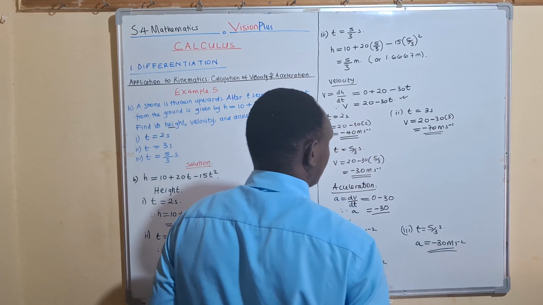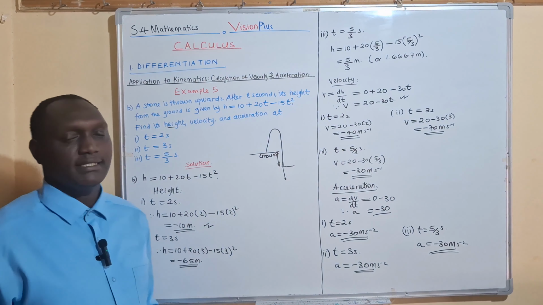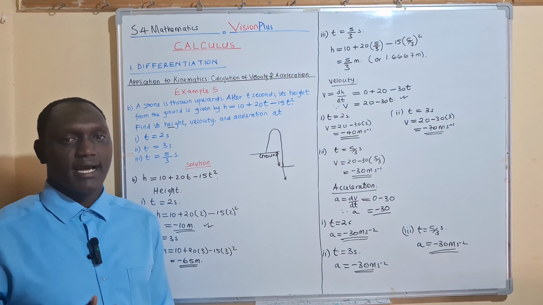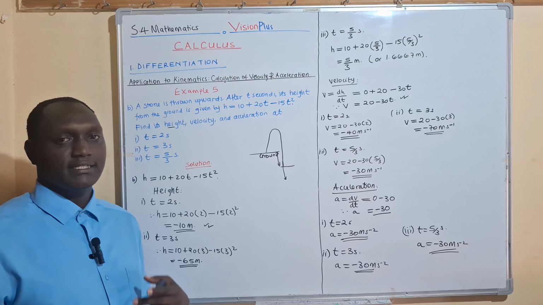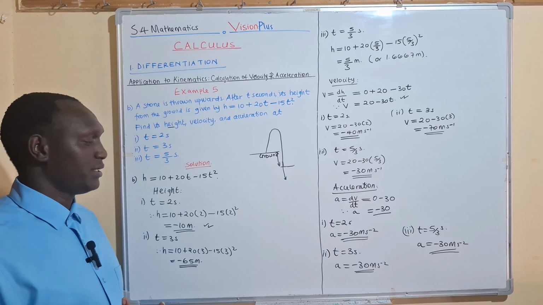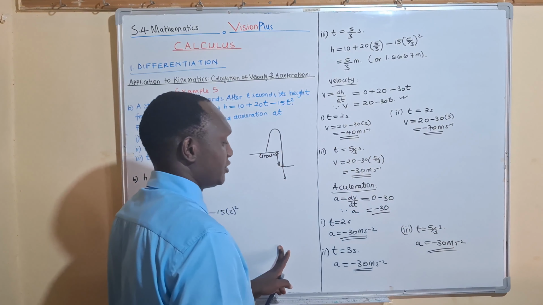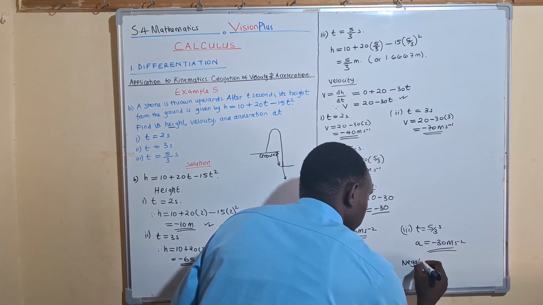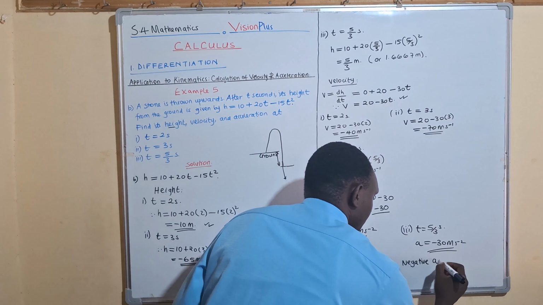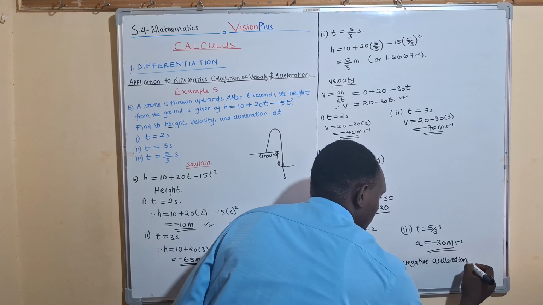What does it mean when the acceleration is negative? It means that the body is retarding. It is slowing down.